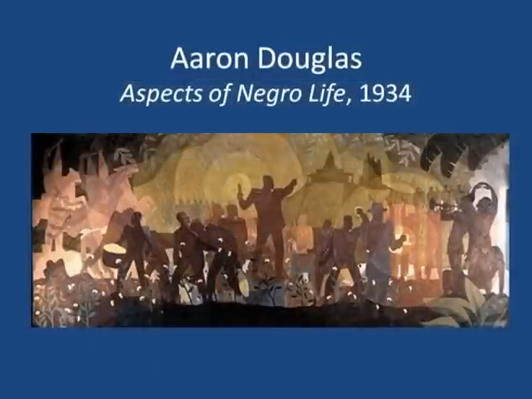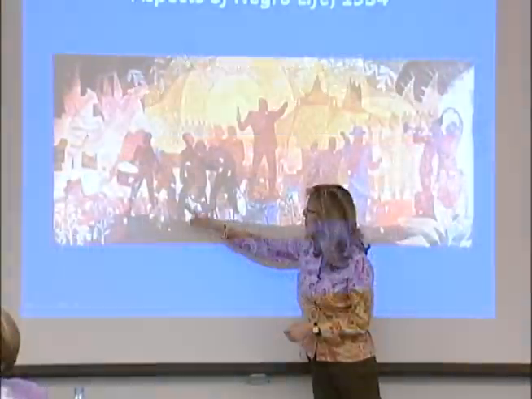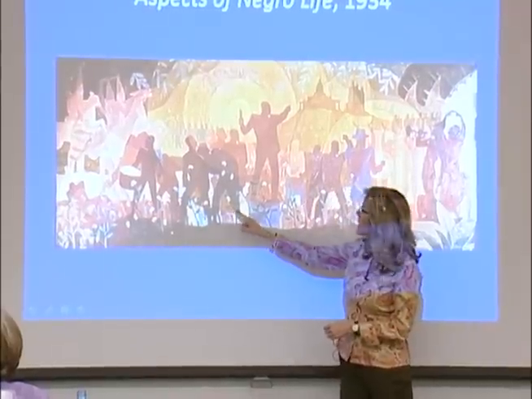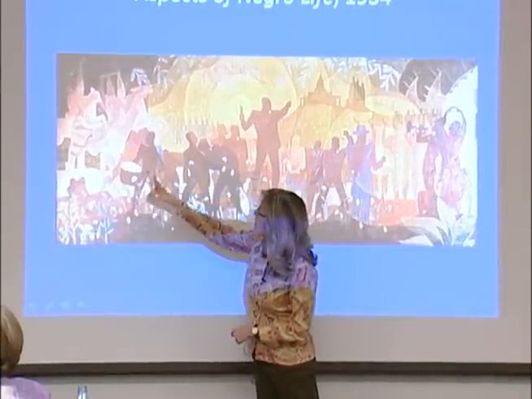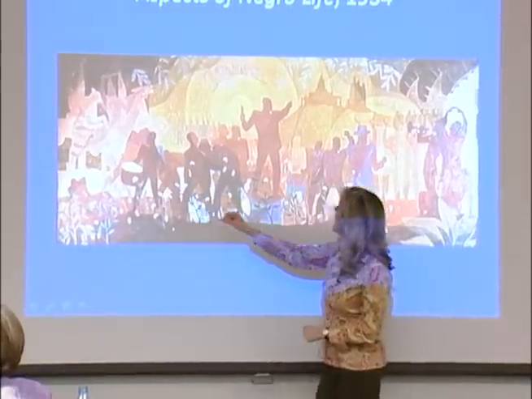This is another very important work by Aaron Douglas, Aspects of Negro Life, where he represents many different aspects of African American experience. We see men here bending down, picking cotton. We see references to the Ku Klux Klan on the left.